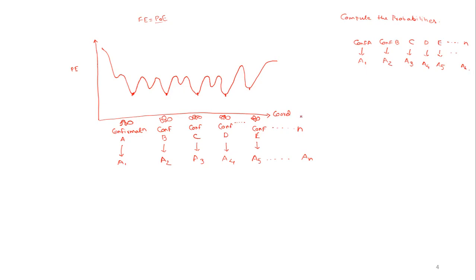Okay, so now next what we do is that we calculate the probability. These probabilities are denoted by rho.